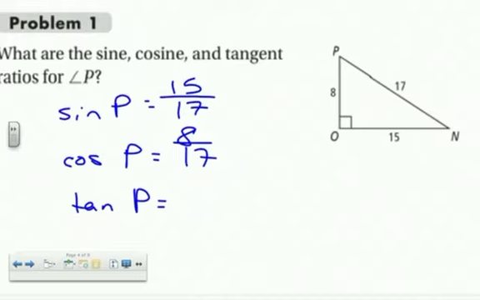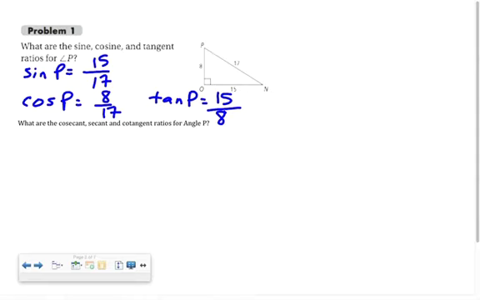And then finally, the tangent of P is what over what? The 15 over 8. We have already found the sine, cosine, and tangent ratios for angle P. When we are asked what are the cosecant, secant, and cotangent ratios, they're just the reciprocals of them.